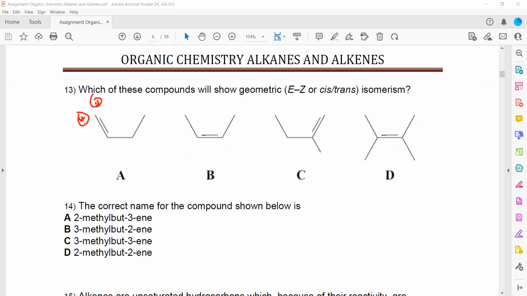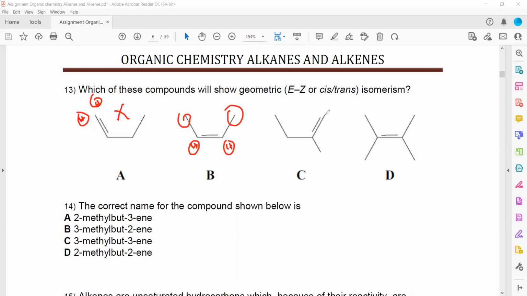So we cannot compare which one is the heavy group as identical groups are attached. So this cannot exhibit a geometrical isomer. Here, this will have hydrogen and hydrogen, and on one side a carbon chain is there. So we can compare, it can show cis and trans.